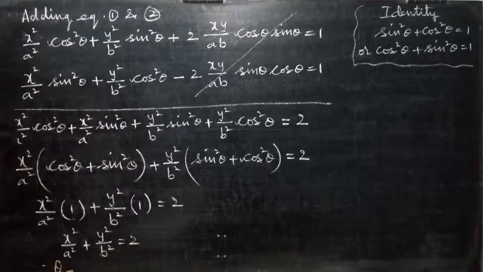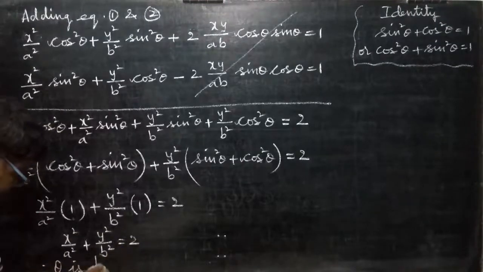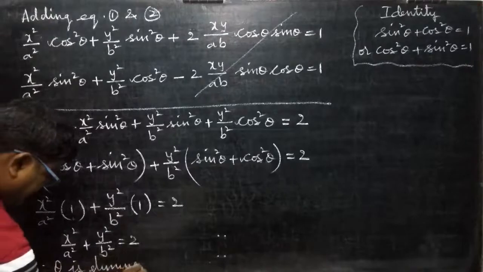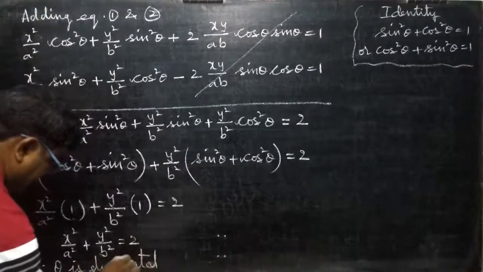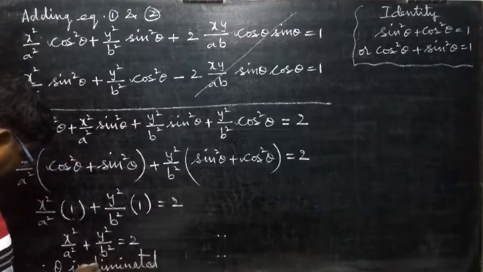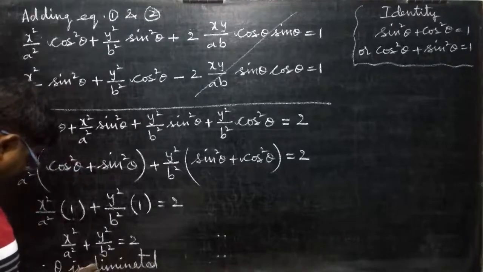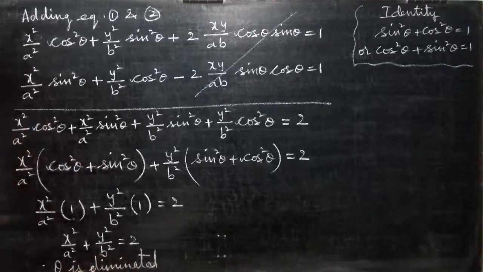Therefore theta is eliminated. Write this word compulsory. They told us to eliminate theta, and we have eliminated theta. Able to follow? Keep this in mind. This is a way of solving the problem. Do it neatly.